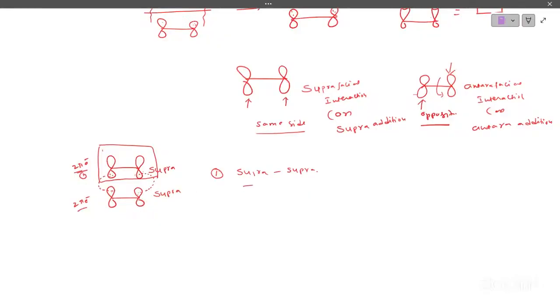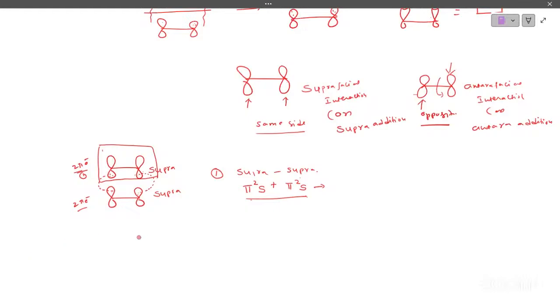Therefore, with respect to the first pi system with the two electrons, it is undergoing supra addition, plus with respect to the second pi system, pi with the two electrons, it is also undergoing supra addition. Pi 2s plus pi 2s cycloaddition. The first stereochemical mode of the 4n electrons involved cycloaddition reaction is pi 2s plus pi 2s, or supra-supra addition. First stereochemical mode.